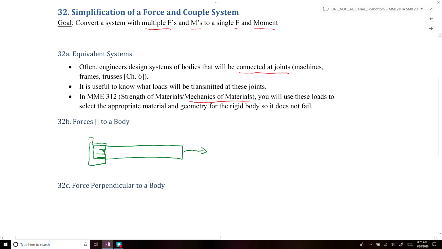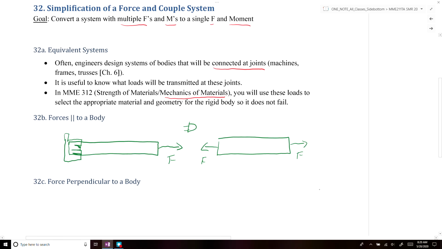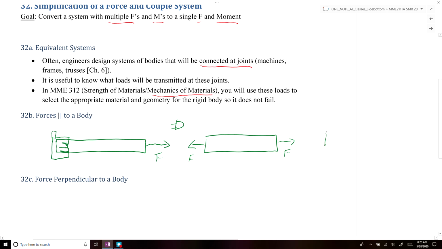So the person applies a force at the other end to keep the stick in equilibrium. But the force that the person's hand feels, or that is transmitted to the person's hand, is equivalent to that original applied force.